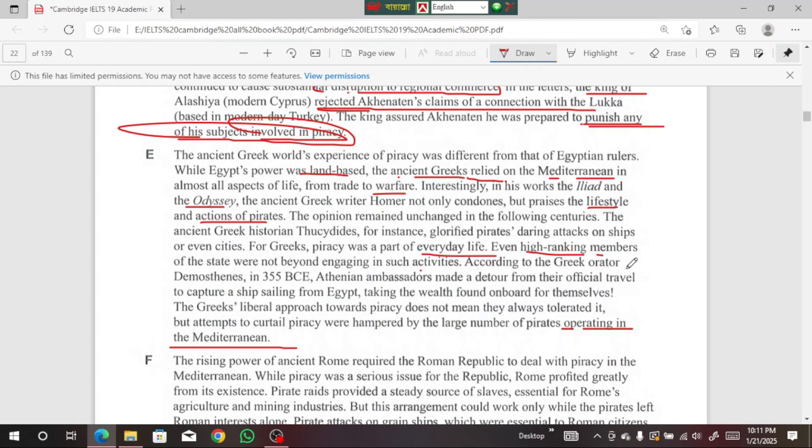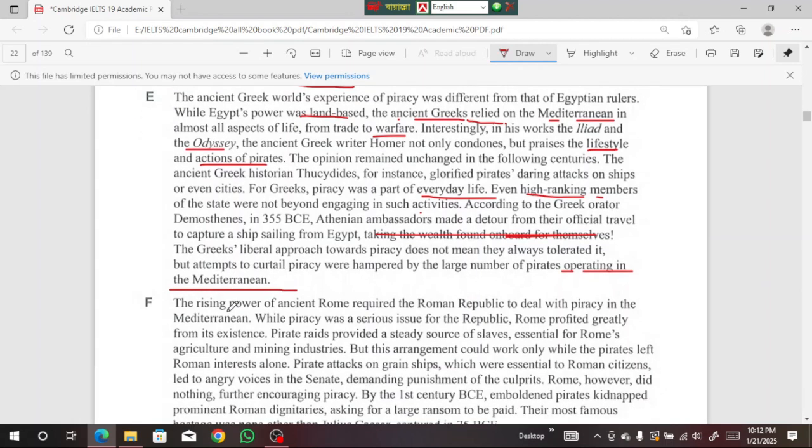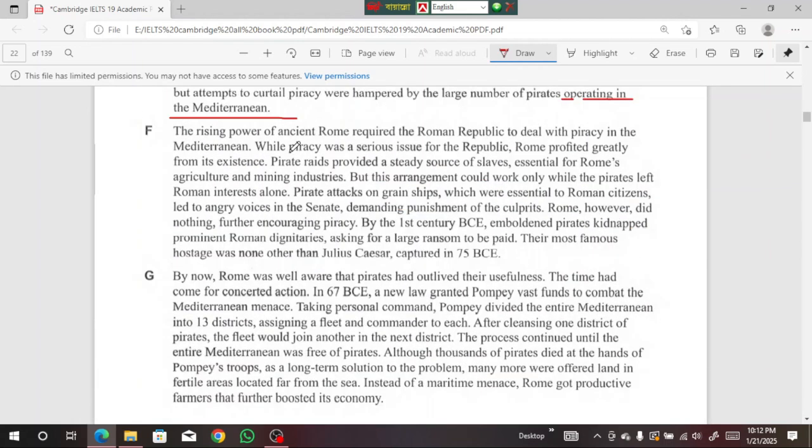According to the Greek orator, Athenian ambassadors made a detour from their offered travel and captured ships sailing from Egypt, taking the wealth found on board for themselves. There's no information about something else here.